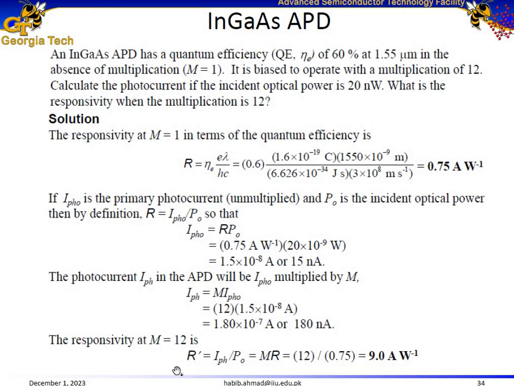Now, the responsivity corresponding to the multiplied photocurrent is equal to the multiplied photocurrent divided by the input optical power. Now, the multiplied photocurrent is 180 and the input optical power is 20 nanowatts. So, 180 divided by 20 gives us a responsivity of 9 amperes per watt.